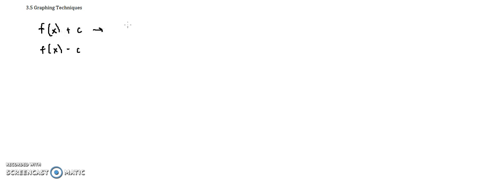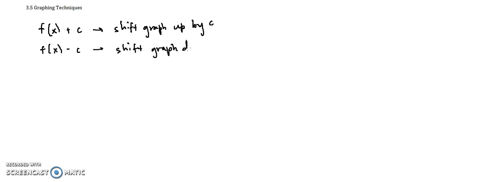So take your function and add a number to it, and that's going to shift the graph up by c. And if you subtract c from it, that's going to shift the graph down by c.